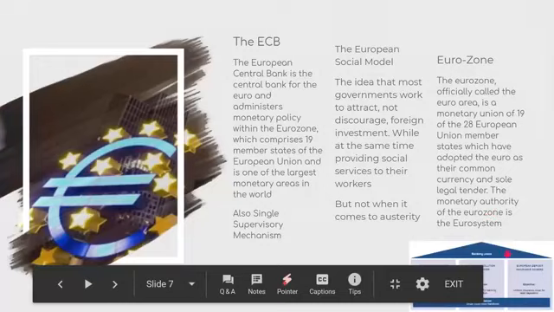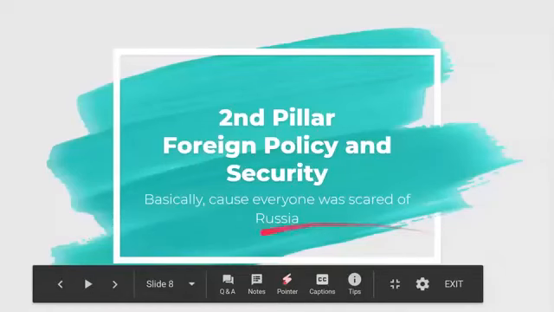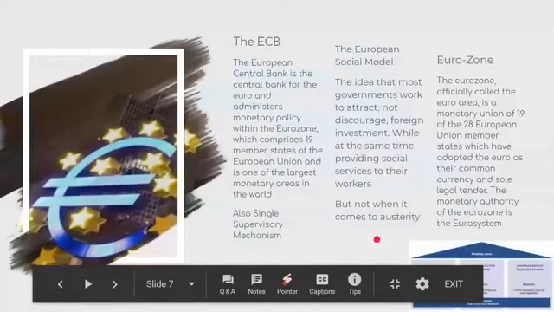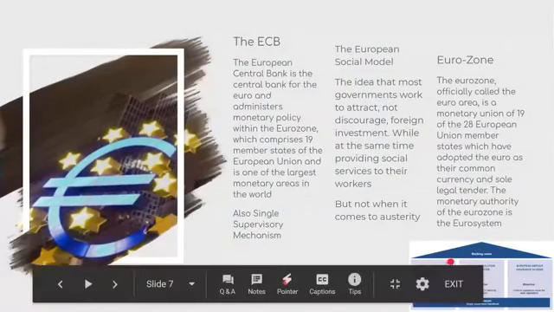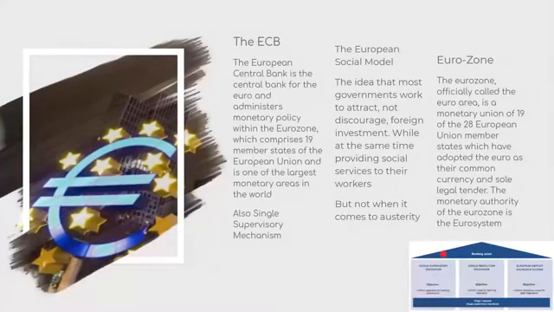And basically what the ECB does is that it has the single supervisory mechanism. And this mechanism works as a resolution for a uniform approach in banking supervision, right?